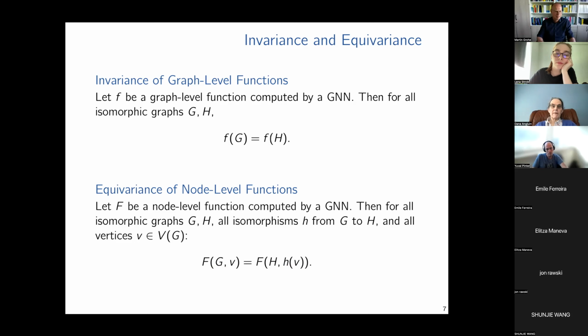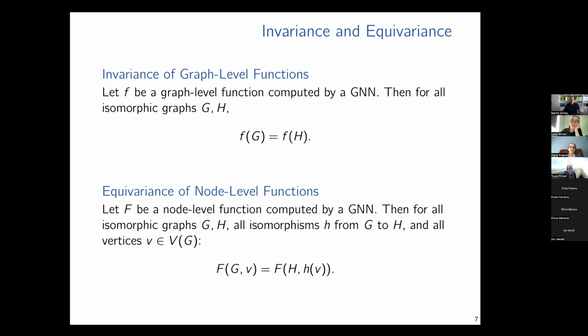That is automatically satisfied by functions computed by graph neural networks, but it wouldn't be satisfied if you fed just the adjacency matrix of a graph into a feed-forward neural network, because a graph has many adjacency matrices, depending on the order in which you map the vertices to rows and columns. So it's nice that in graph neural networks we have it automatically.